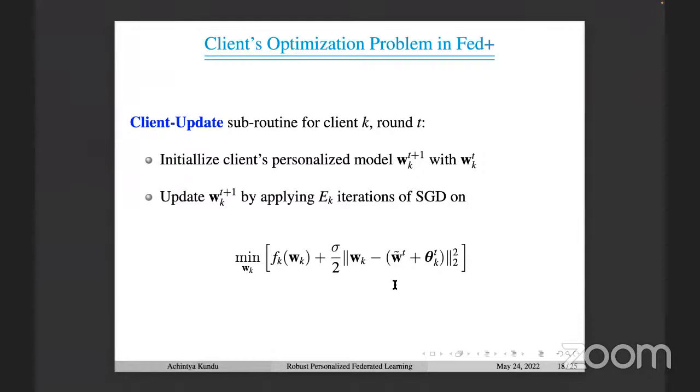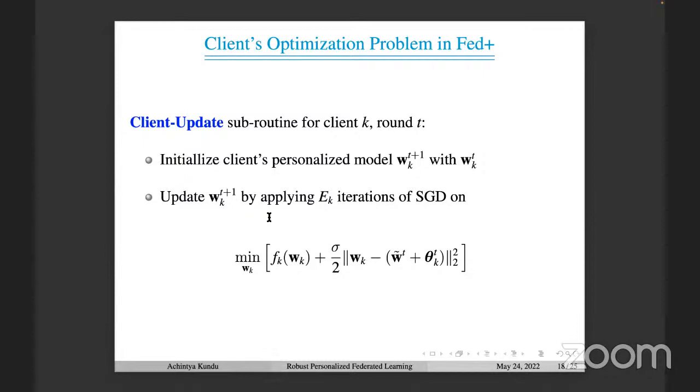and then send their updated model. Another important difference that we bring in is the initialization. In all other existing methods, they just start with the global model and then try to optimize this objective, which is defined over their own data. But here we don't start with the global model given by the server. We always start with what we had previously.